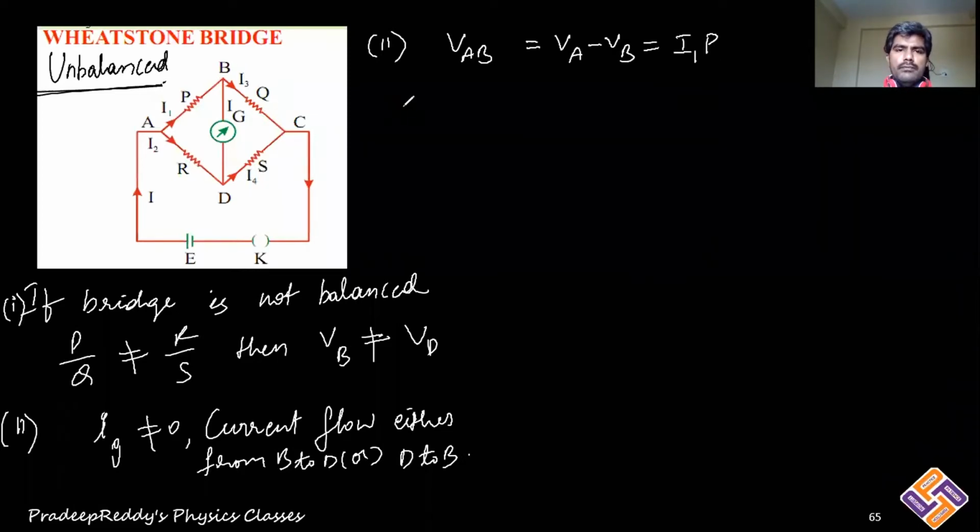Now, as we know, whenever the current I comes over here, it gets divided into two parts, I1 and I2, right? So from here you can write I1, which is being divided at this nodal point. When I current comes over here, it gets divided into two parts.